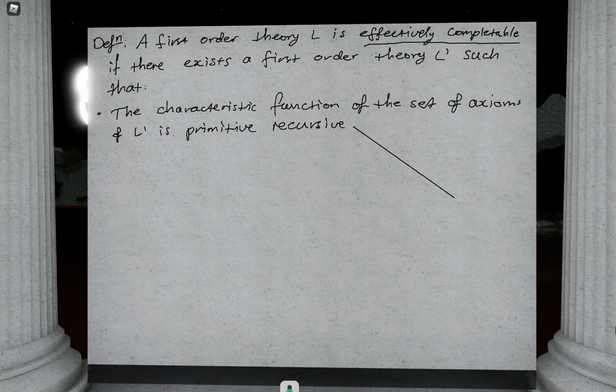Okay, so I've written that the characteristic function of the set of axioms of L prime is primitive recursive. So let me say out loud what I mean by that. We take the set of all of the axioms of L prime. Now, all of these are formulas inside the first order theory L prime. And so associated to each one of those is an integer corresponding to the Gödel numbering of that formula.